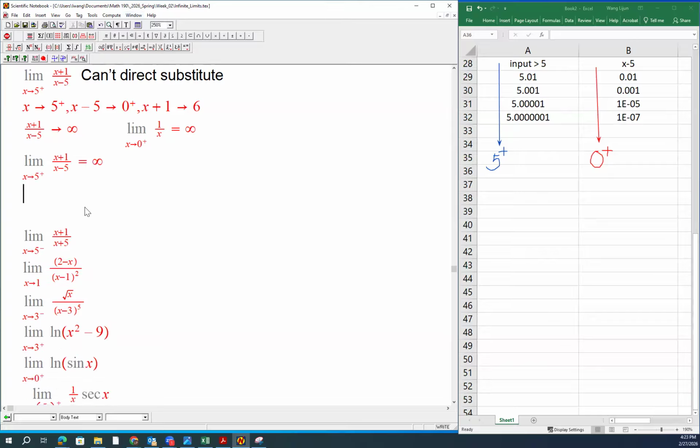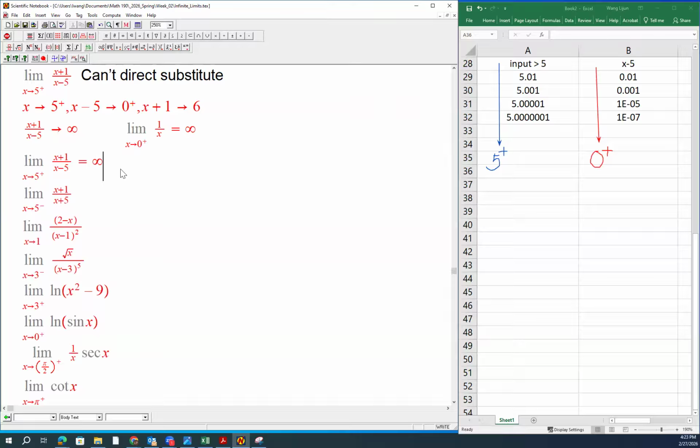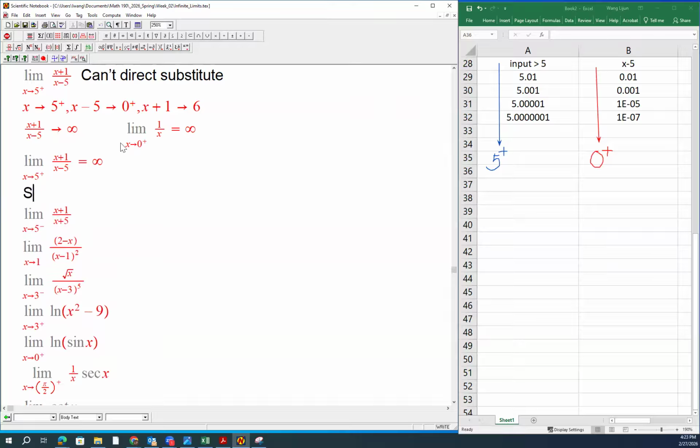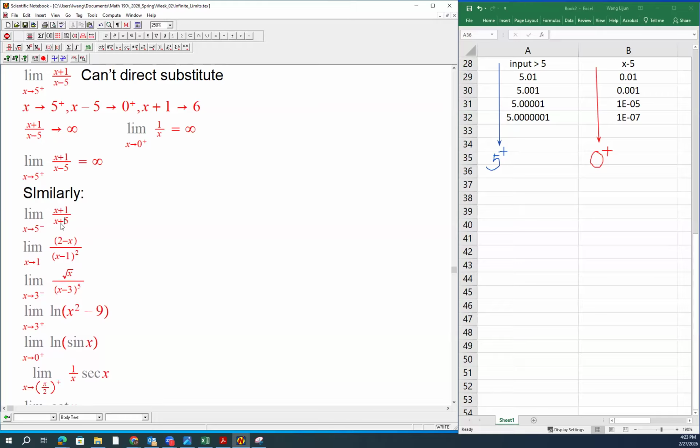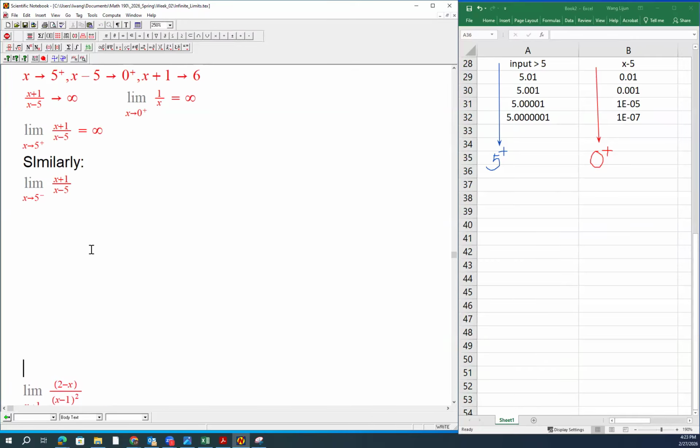By a similar manner, similarly, and of course I have a typo here, it is x minus 5, right? So x is approaching 5 from smaller than 5.